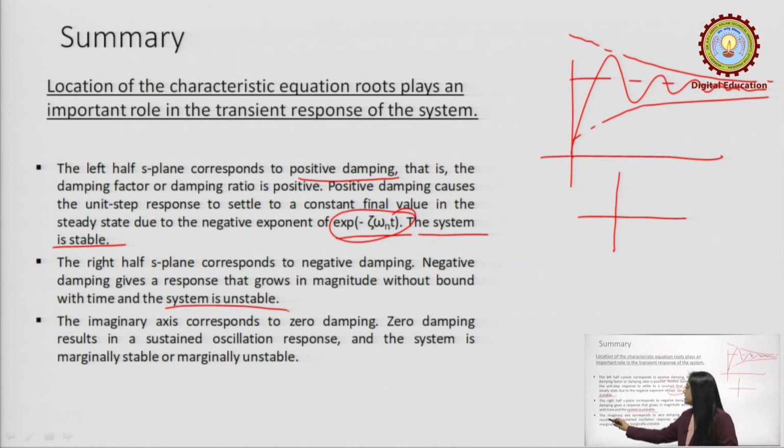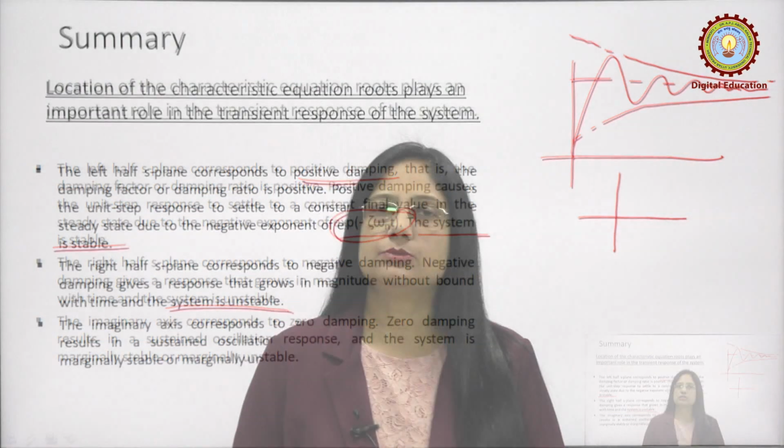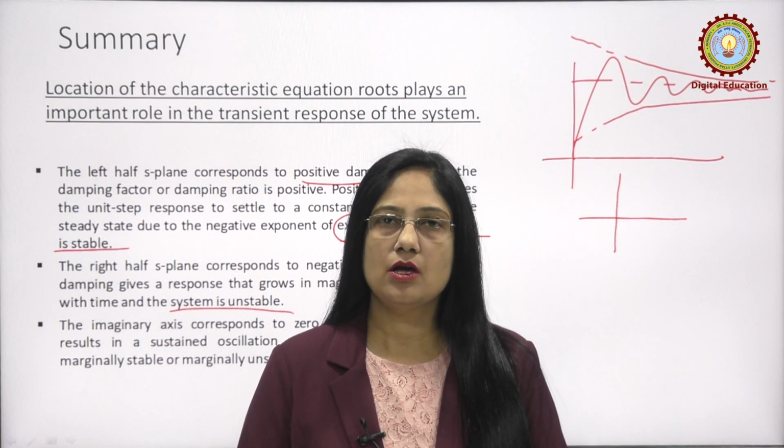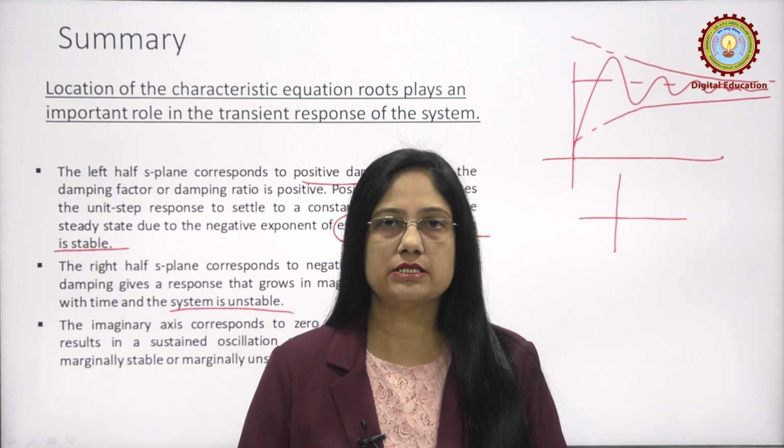And when the roots are on the imaginary axis, it is the case of zero damping. Zero damping results in sustained oscillations, and this condition is known as the system being marginally stable or marginally unstable.